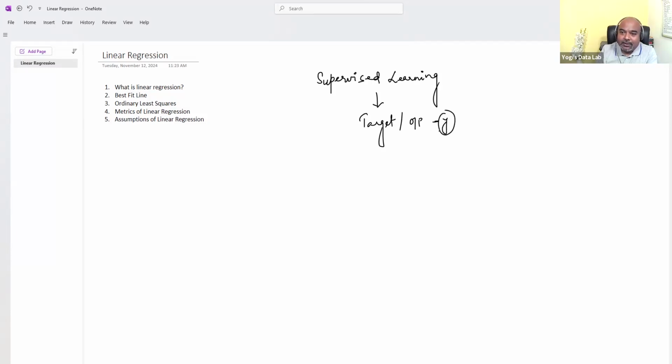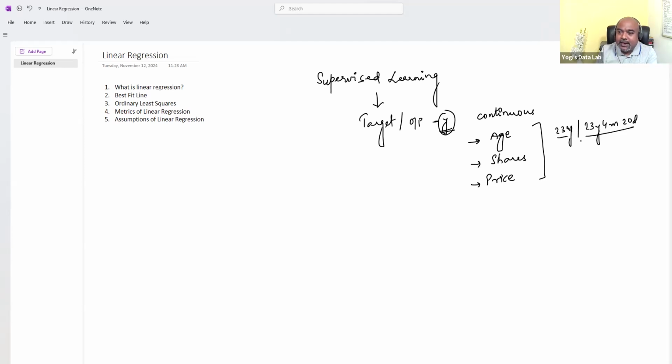Now, when your target variable or your output variable is continuous, like predicting the age of a product or the number of shares your post is going to have, or the price of a product, right? So these can be continuous values. Someone can be 23 years old. Someone can be 23 years, 4 months, 20 days, like this, right?